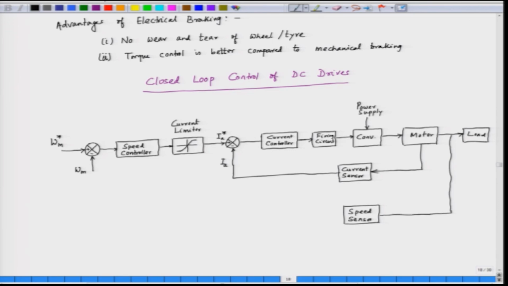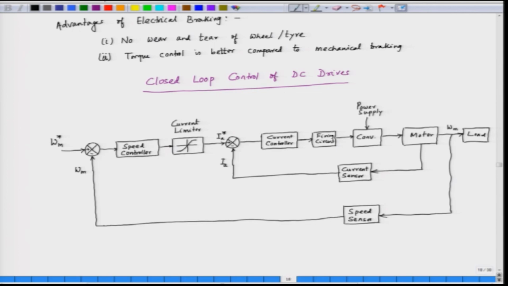The speed sensor senses the mechanical speed of the motor, which is omega m, and feeds back the speed to the input side of the controller as a feedback speed. So, this is the closed loop block diagram of a DC drive.